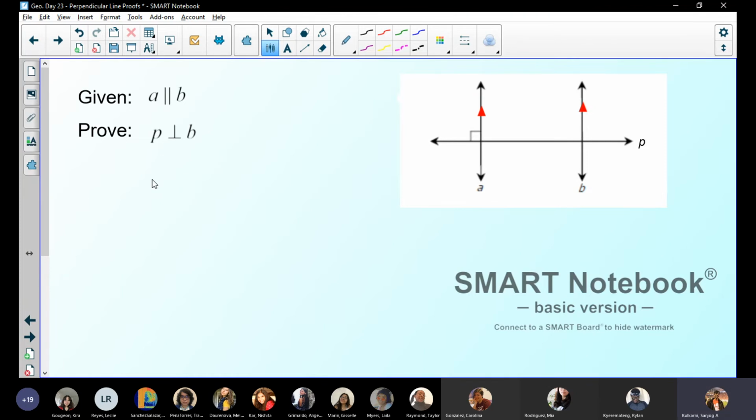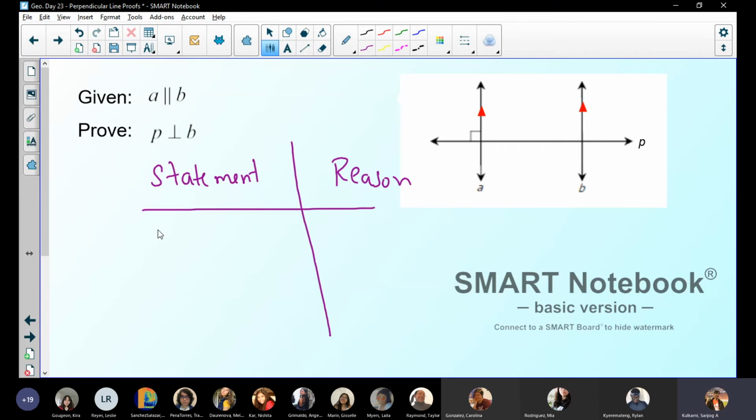So you have here statement and then reason. We have A is parallel to B, which is given.